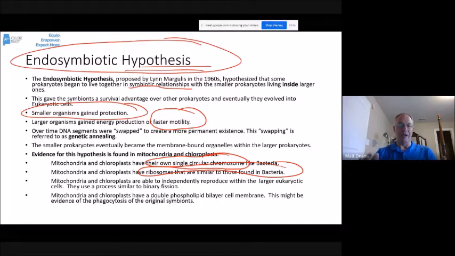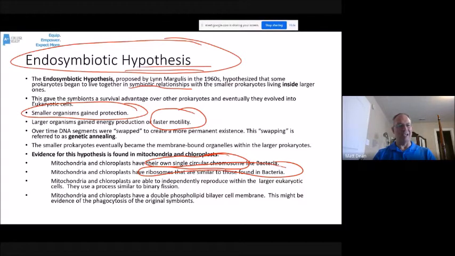So they're surrounded by essentially their own cell membrane, very similar to what you would find in a bacterial cell. So this might show you that these original symbionts were phagocytized by the larger cell that they eventually became part of. And then one piece of evidence that's not listed on this PowerPoint, mitochondria and chloroplast are very similar in size and shape to modern day bacteria.